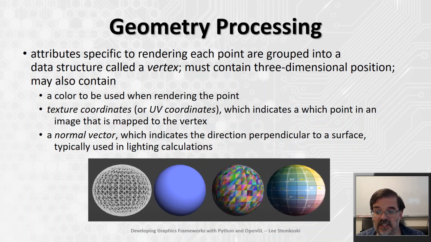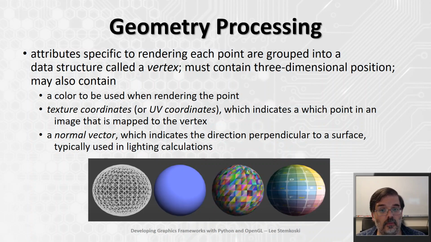A vertex must contain a three-dimensional position of the corresponding point, but it may also contain additional data, such as different colors to be used when rendering each point. It could include texture coordinates, also known as UV coordinates, which indicate which points within a texture should be applied to which points within the geometric model.